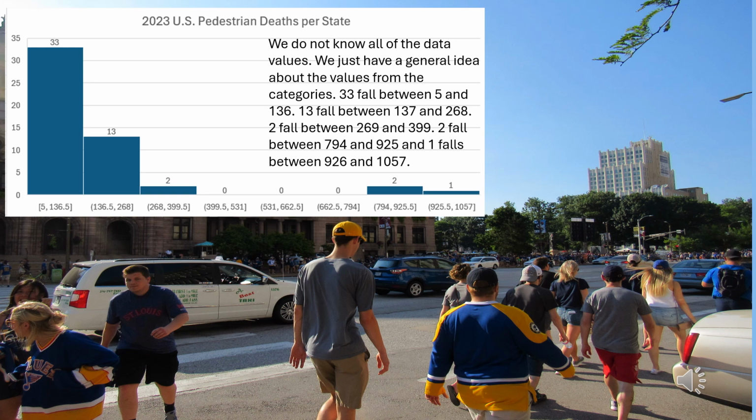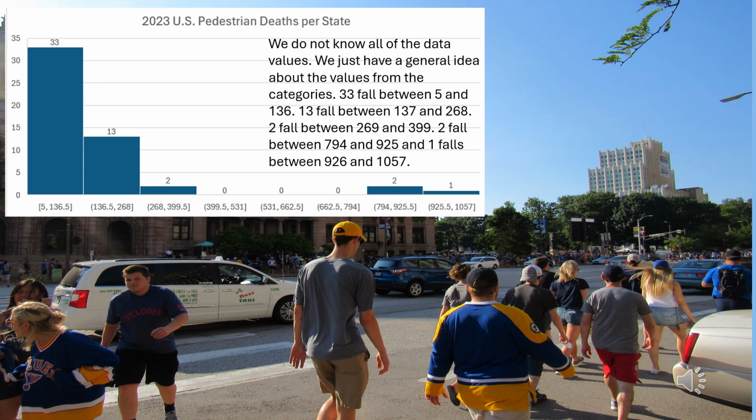Again, we don't have the exact data. Excel made kind of odd listings in terms of the categories. So like that first category, you should really read as it goes from 5 to 136. There's not going to be 136 and a half deaths. And then the second category picks up at 137. So anyway, just keep that in mind that we have discrete data here.